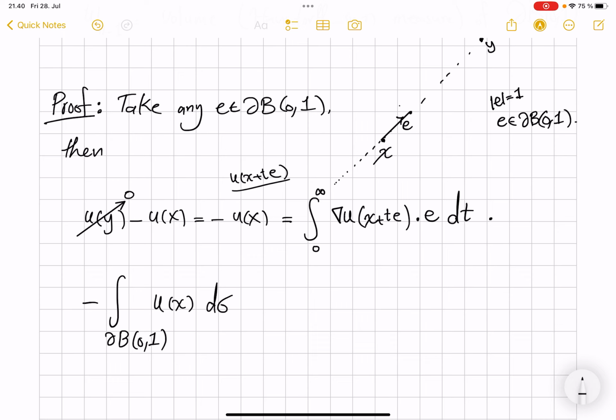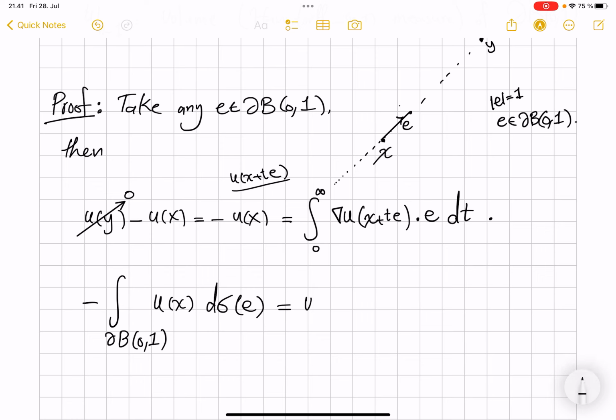Suppose we denote by this the Hausdorff n-1 measure, or we can also use the sigma manifold notation for the measure on the unit sphere. Then, first of all, u of x is independent of e.